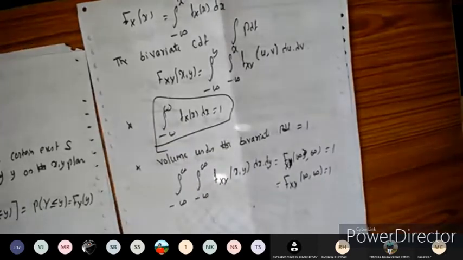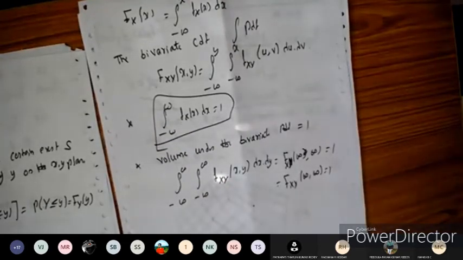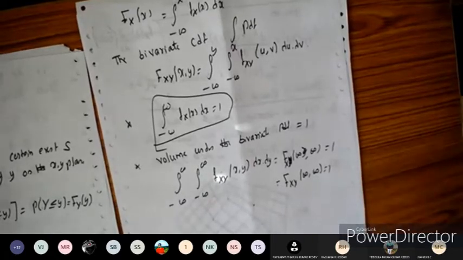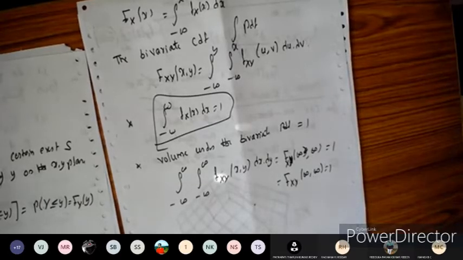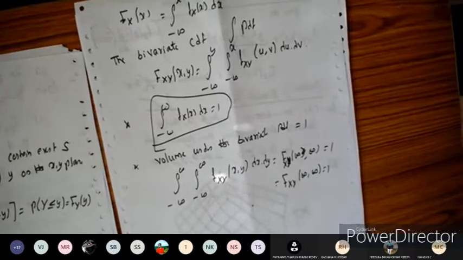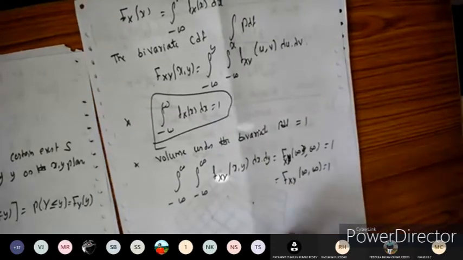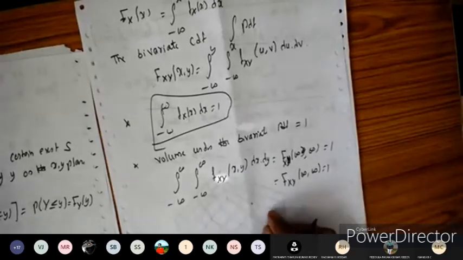As we have seen the proof of this in the CDF for the single random variable, in the same way here also we can recall that and write it here. So this is one of the properties of the PDF we have seen, and here we extend it and consider it as a volume.